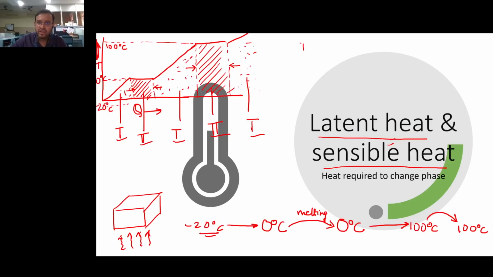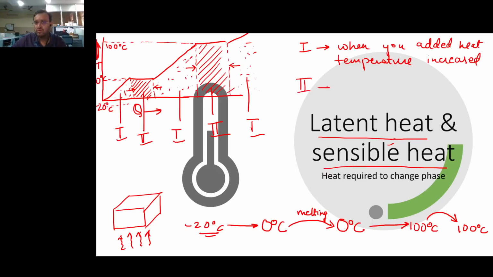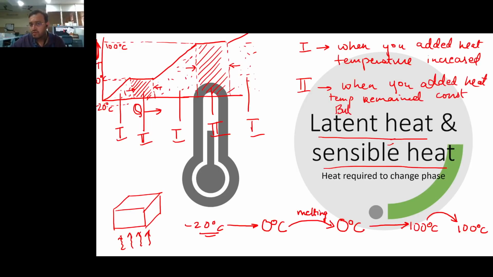So in region 1, wherever you have the 1 here, whenever you added heat, temperature increased, and 2, when you added heat, temperature remained constant, but phase changed.